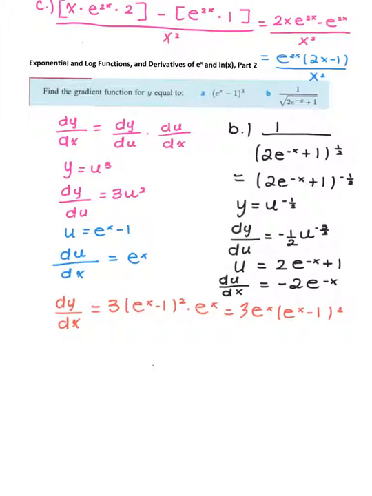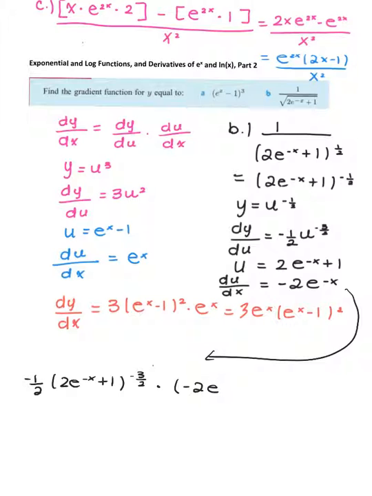Excellent. Now I'm just going to put that together: dy over du times du over dx. And I'm going to substitute my u back in. So this is negative 1/2, and I substitute my u back in, which is 2e to the negative x plus 1 to the negative 3/2, times negative 2e to the negative x.